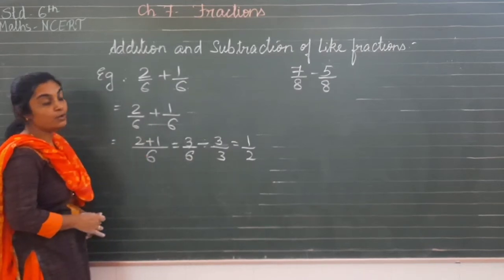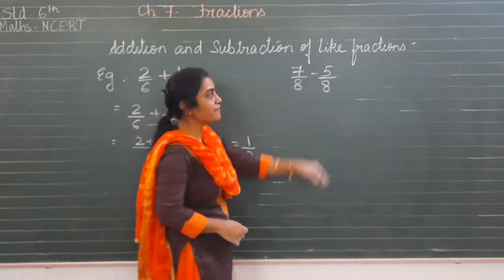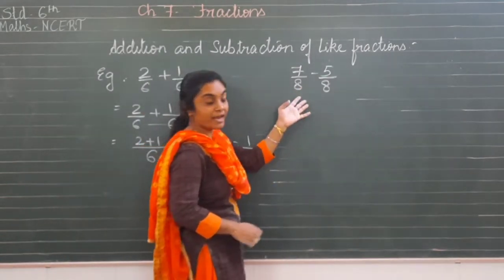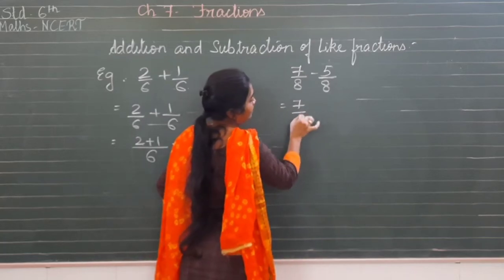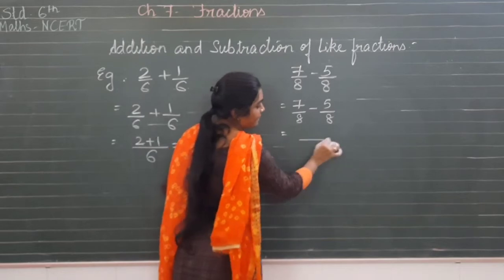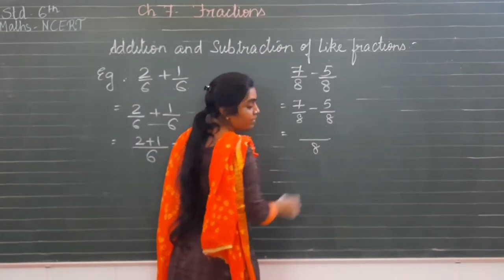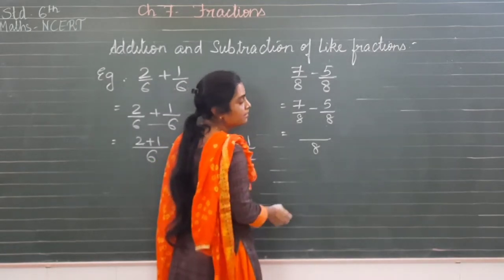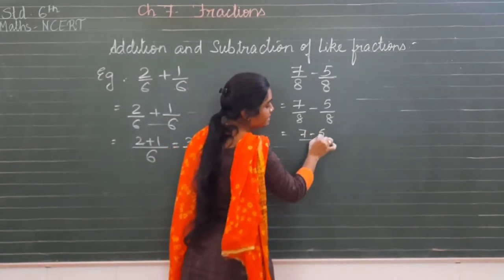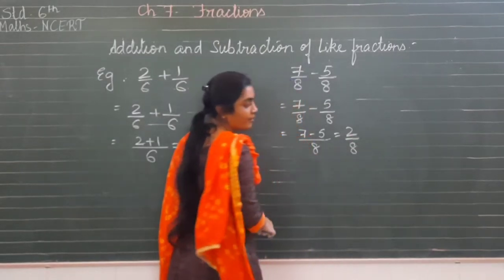Now let us look at subtraction. 7 upon 8 minus 5 upon 8. Here it is like fractions, both the denominators are same. So we will write 8 once in the denominator. 7 minus 5, so it will be 2 upon 8.